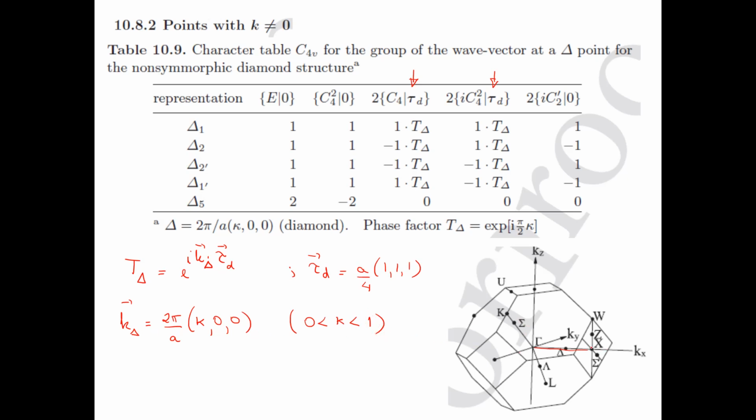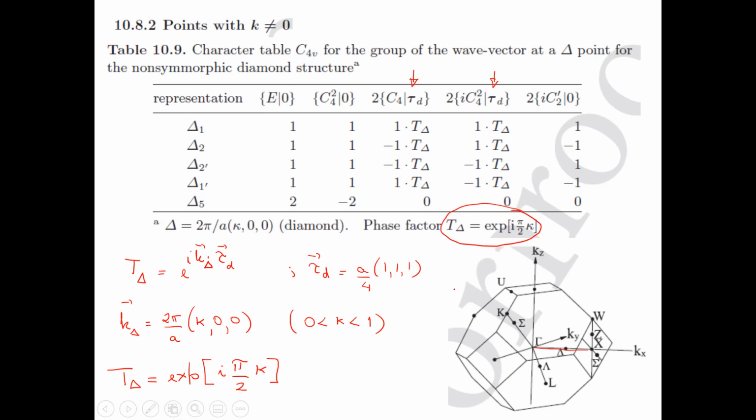When I hit the X point, then I get 2 pi over a times (1, 0, 0). Right? Okay. So the dot product here is going to give me then the phase factor. And you see in the dot product there's a cancellation of the lattice constant, and this is i times pi over 2 times kappa.